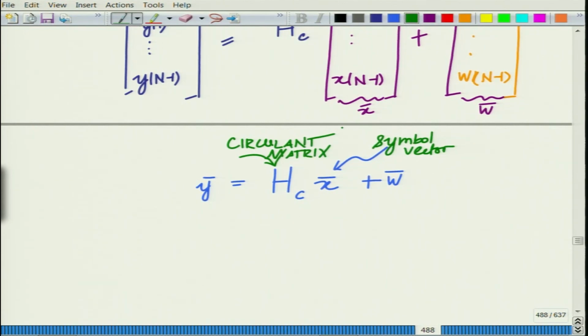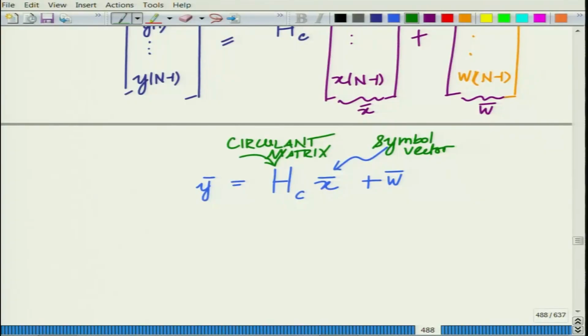Hopefully, all of you remember that the circulant matrix is one in which each successive column or row is obtained by circularly shifting the previous row or column. In fact, the first column simply comprises the channel taps h0, h1, up to hn minus 1. Each subsequent column is obtained by circularly downshifting the previous column.